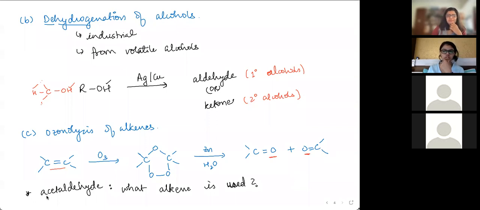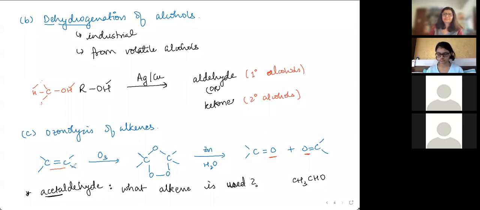Wherever you see ace, like acetic acid, acetate, acetal, it's 2 carbon atoms long. So acetaldehyde is CH3CHO. Form is for 1 carbon, so formic acid, formaldehyde. Acetic acid, acetate, acetaldehyde are 2 carbon atoms.